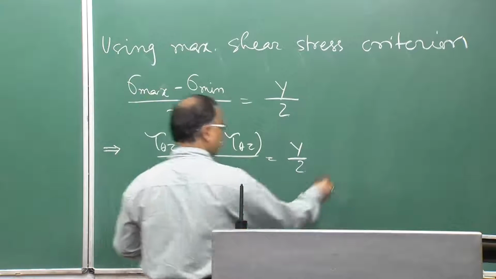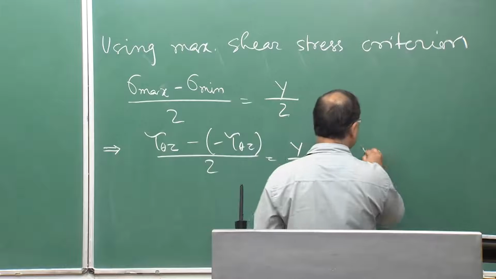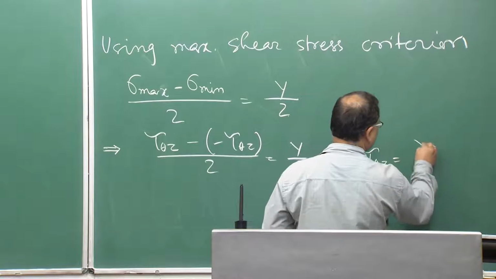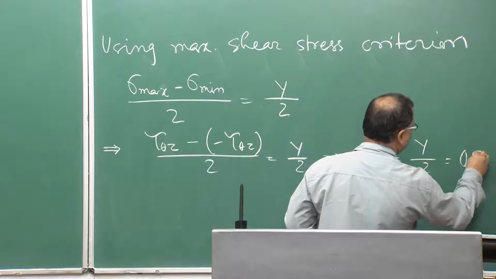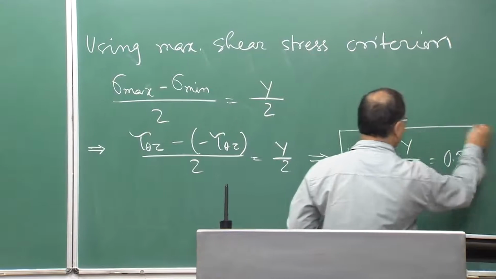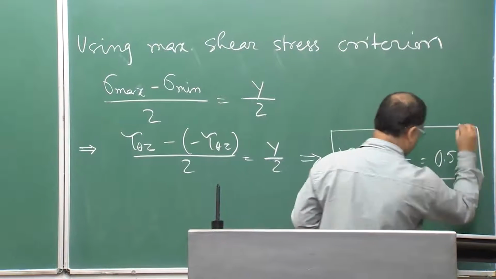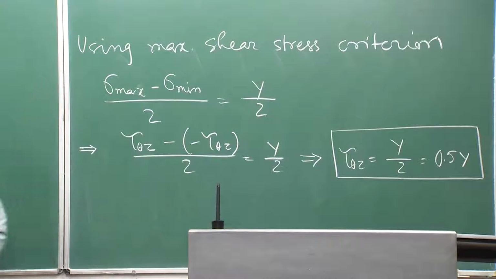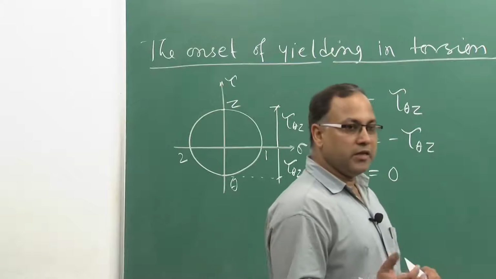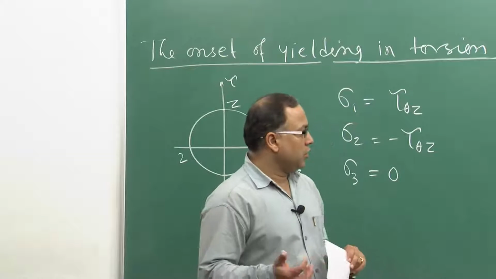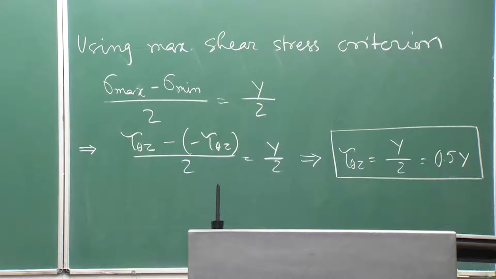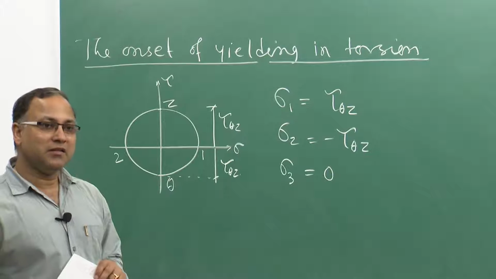So, this gives me tau theta z is equal to Y by 2, that means 0.5 Y. So, in case of the von Mises criterion, if tau theta z becomes equal to 0.577 Y, then you are getting the yielding. Now, if you look at the maximum shear stress criterion, when tau theta z is reaching 0.5 Y, then you are getting the yielding.